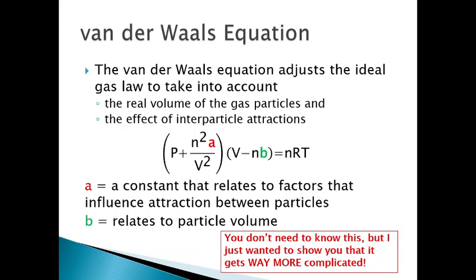In this situation, PV equals nRT becomes a whole lot more complicated because this a and that b are variables that incorporate the fact that atoms do interact with one another. And that b, atoms do have volume. But for now, we don't want to deal with any of this stuff. We don't want to deal with partial derivatives that might come involved with all this. So you just need to be happy with PV equals nRT and realize it's not that bad. It could be so much worse.